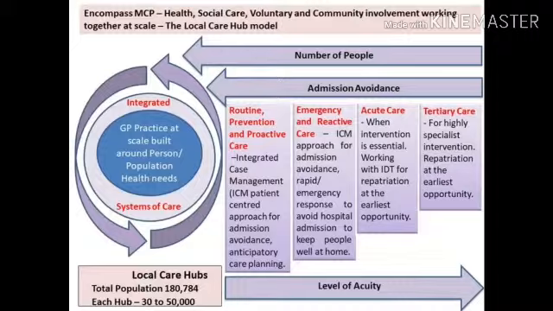We were asked at the very beginning of the Vanguard 3-year project, if you like, to put our model on a page. So this is it, and I think up and down the country you're starting to see the same models developing.